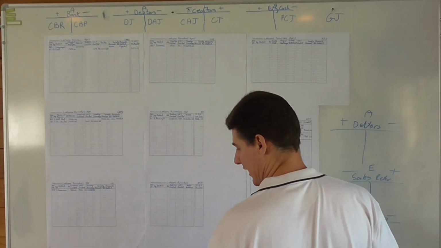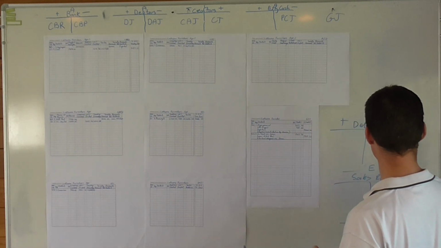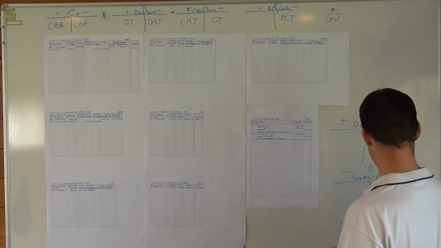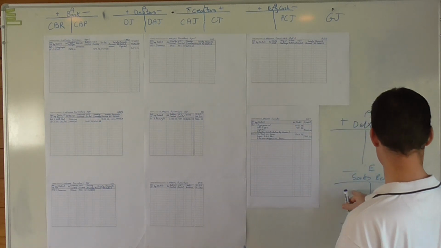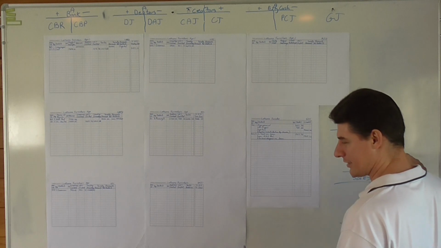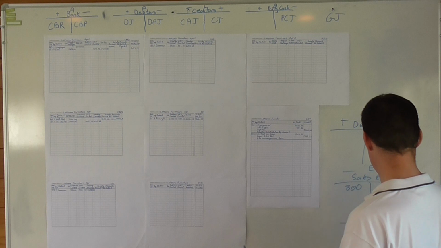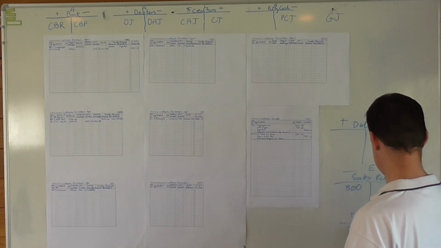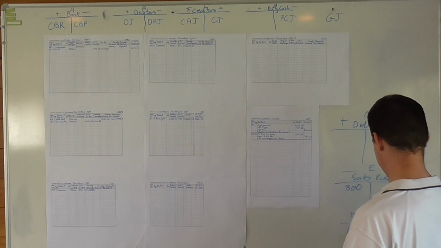Okay, so in other words, our debtors will decrease with 912. Then your sales returns, that's an expense. So it's 912 divided by 1.14 is 800. And your VAT input is then 912 minus 800 is 112.